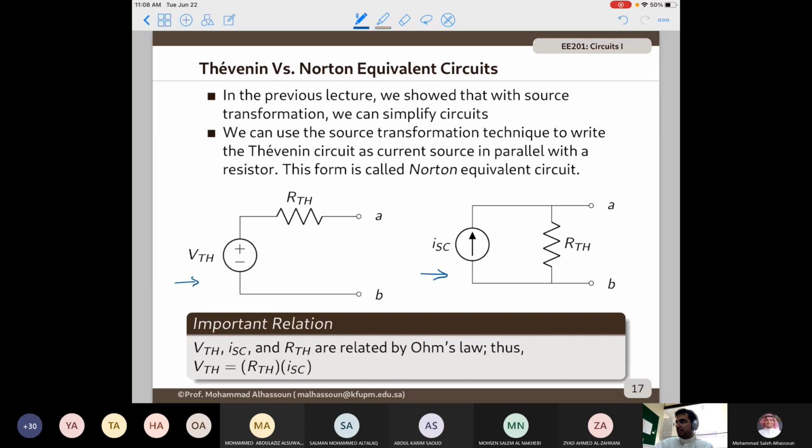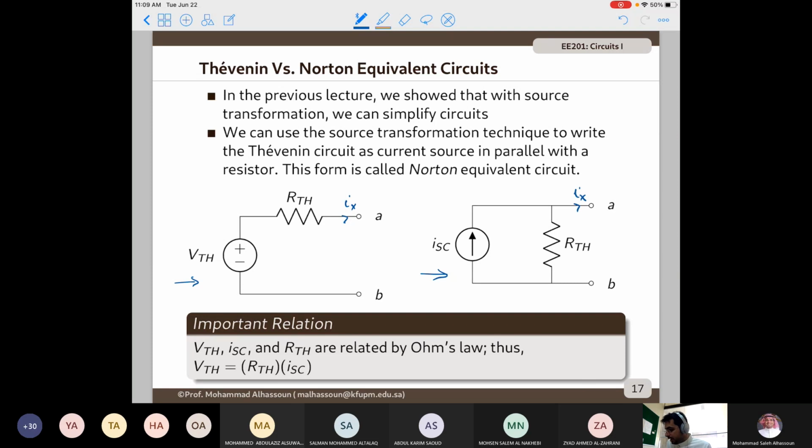If you recall, in the beginning of this lecture and the previous lecture, we showed that we can use source transformation to move between a voltage source with a series resistor and a current source in parallel with the resistor. And this will guarantee the same Ix here. It's going to be exactly the same.